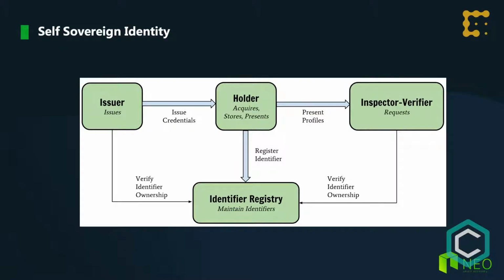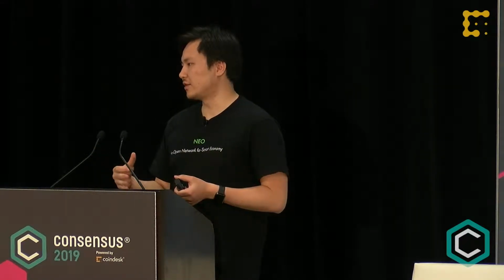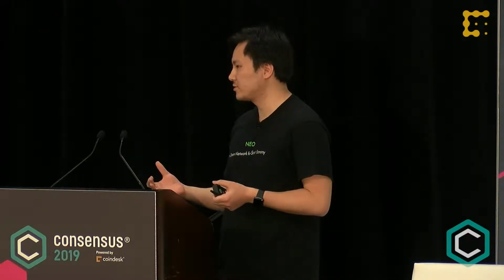It's not very complicated. But if this is everything, my presentation will just stop, because if you check the internet, there are about 15 or even 20 projects working on identity, working on self-sovereign identity subjects.